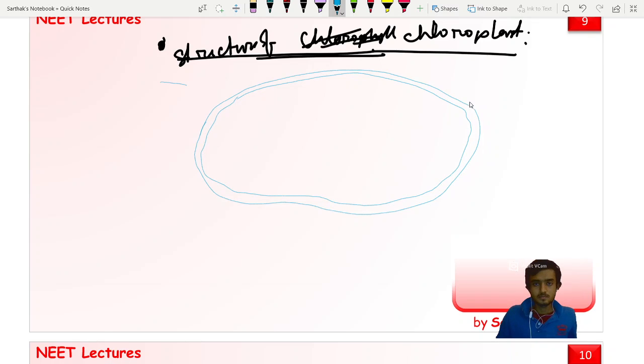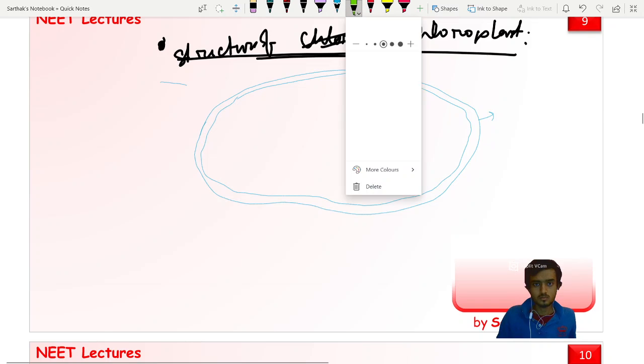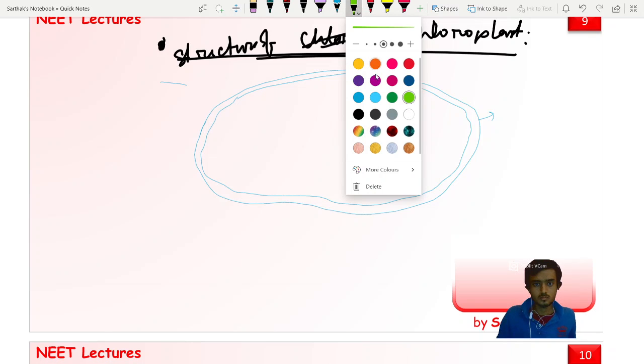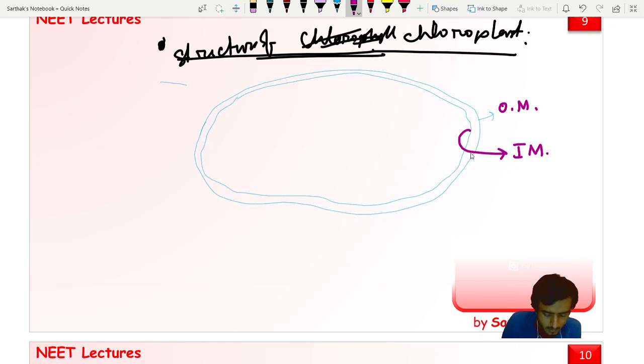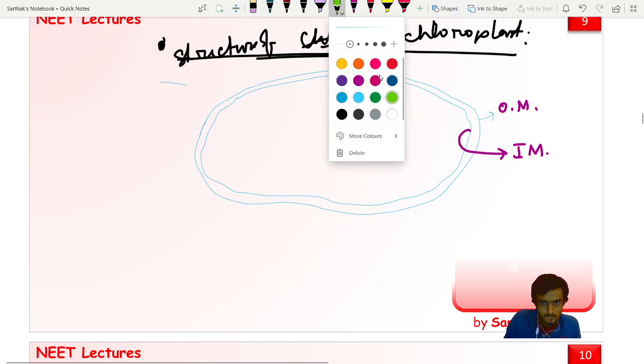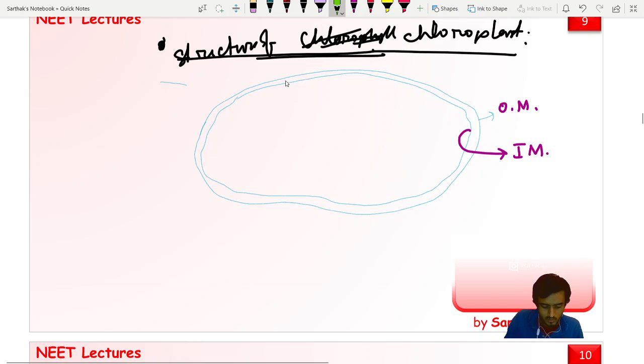So this is the outer membrane here, and this is the inner membrane of the chloroplast. And this is the thylakoid here.